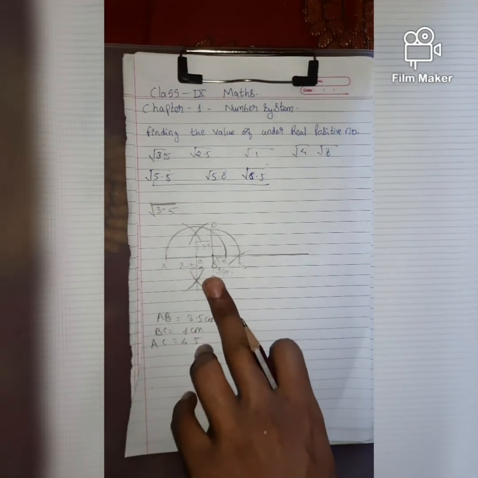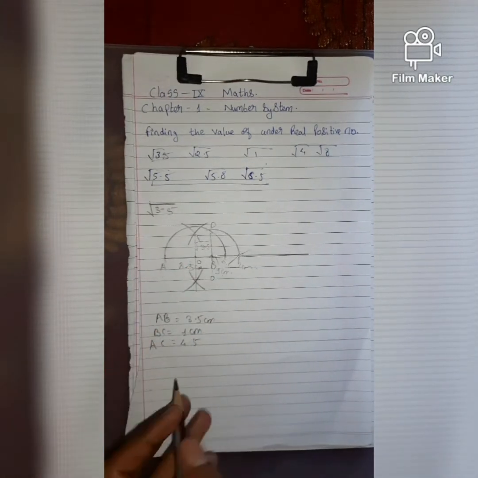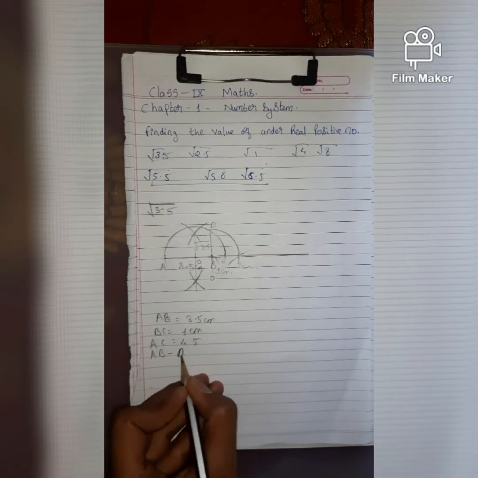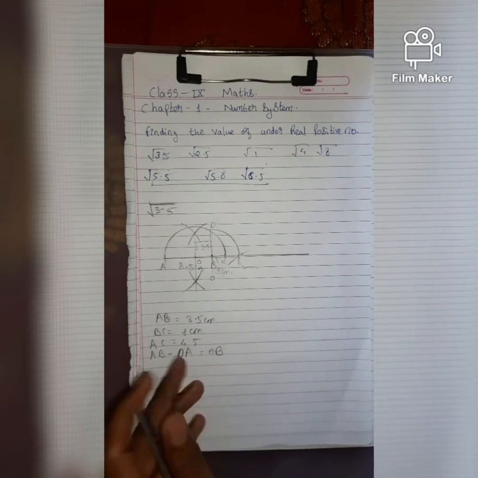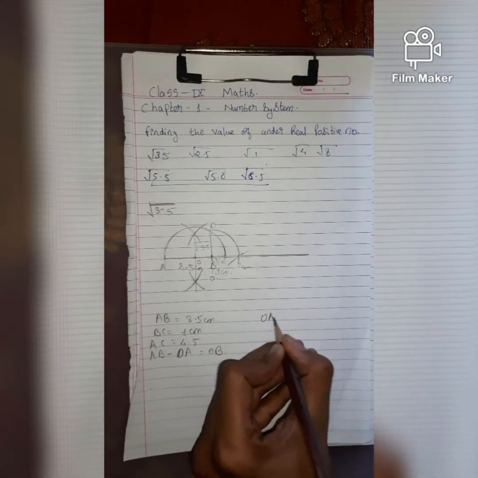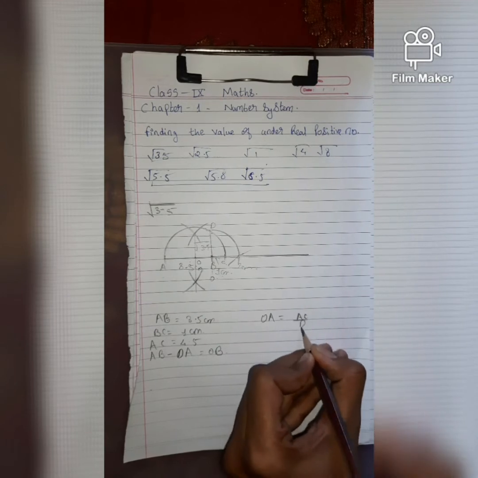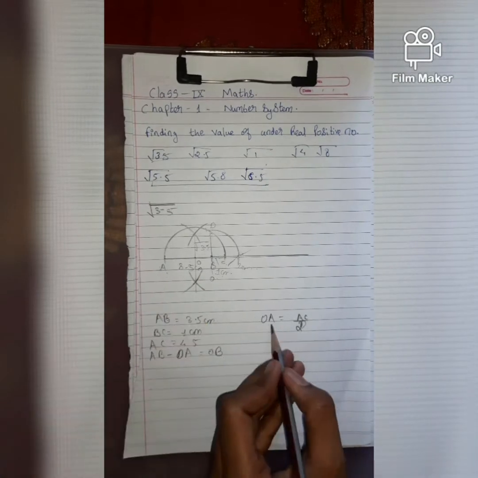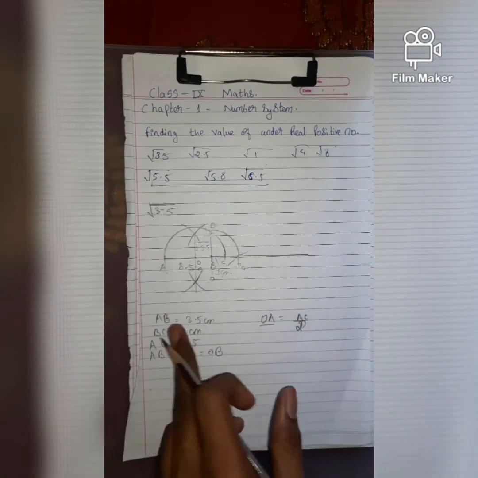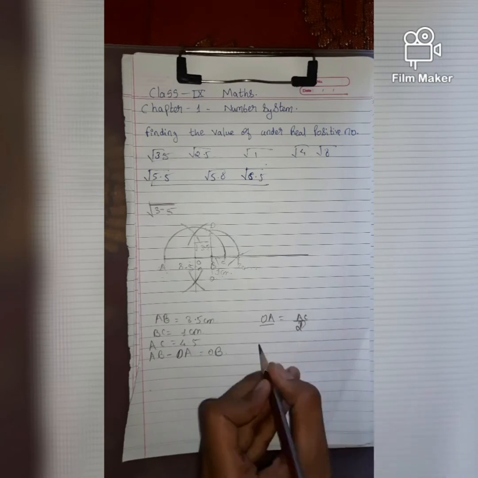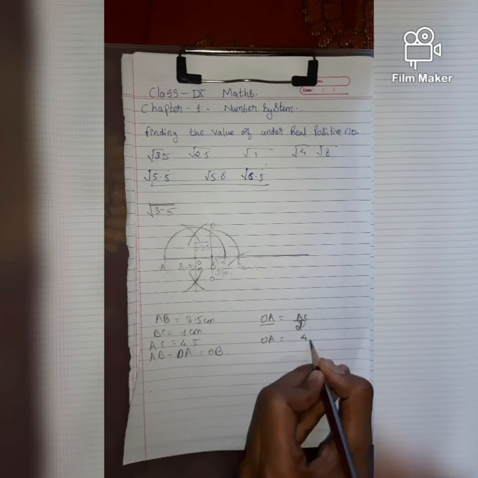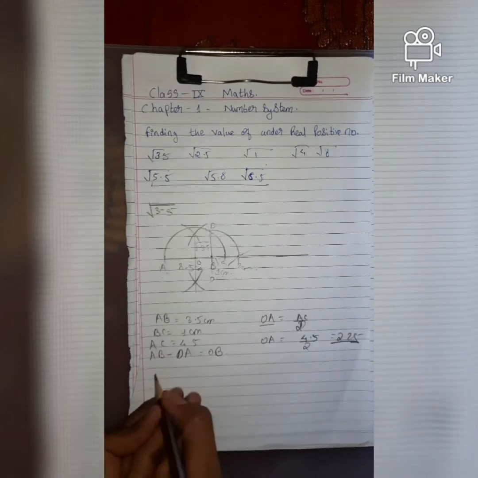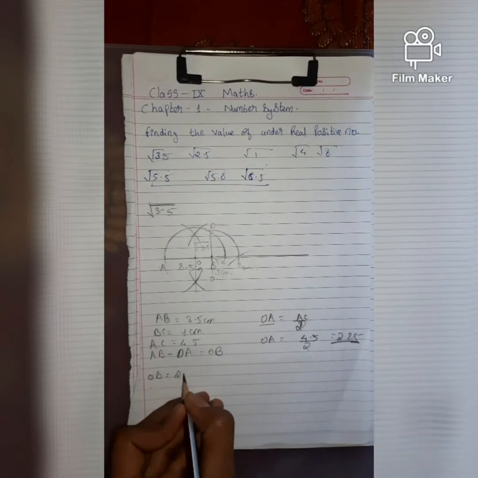To find OB, we will subtract OA from AB, and OA equals AC by 2. As you all know, AC is our diameter and OA is our radius, and the radius is always half the diameter. So our diameter is 4.5, and half of 4.5, that is 4.5 by 2, is 2.25. So the value of OA is 2.25.